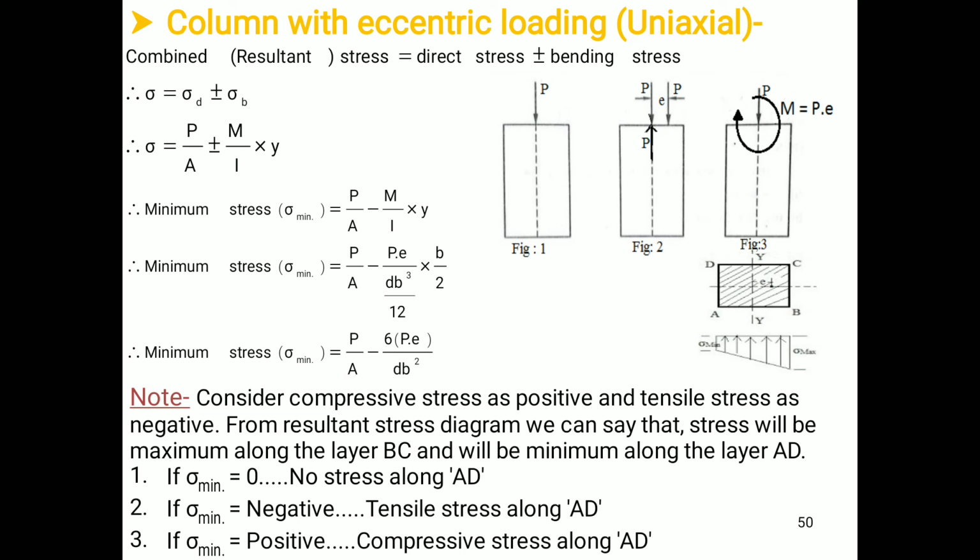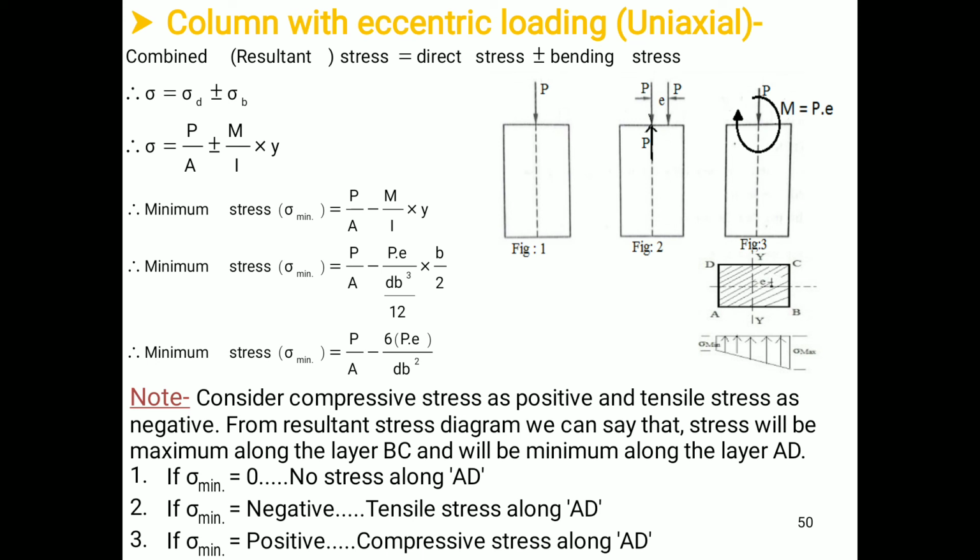A note is given regarding it. Consider compressive stress as positive and tensile stress as negative. Therefore, from the resultant stress diagram, we can say that the stress will be maximum along the layer BC and will be minimum along the layer AD. So we have to consider the sign convention.